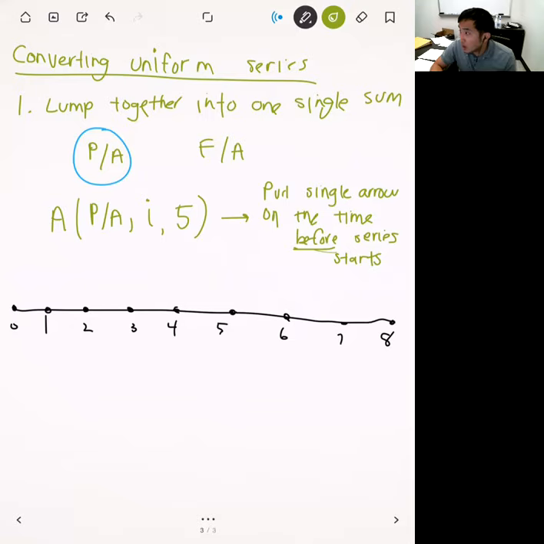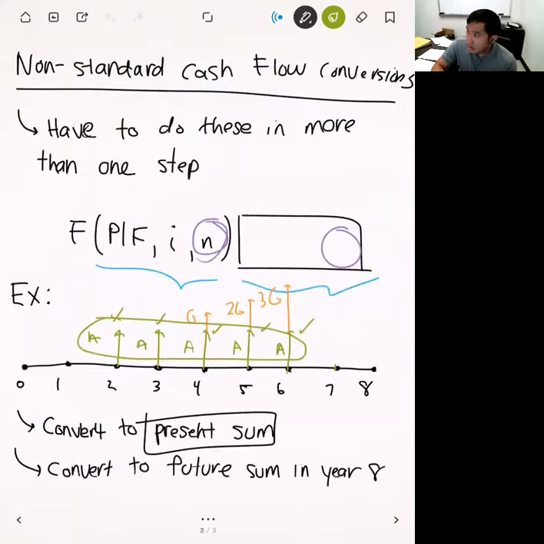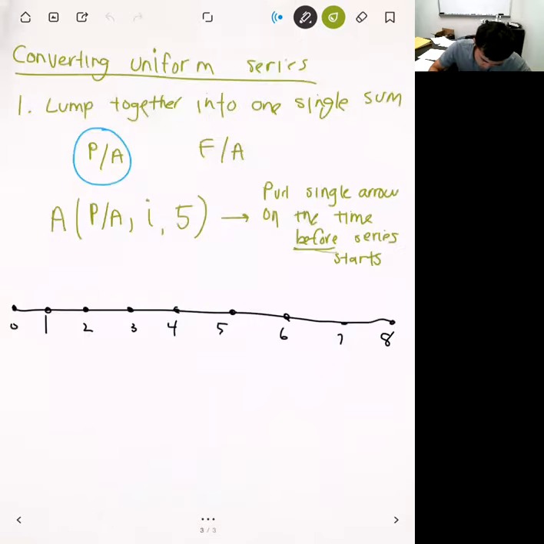Right, and so since our series started on year 2, if we look back at our diagram, to transform this back, we're going to put an arrow on year 1. So let's go to the next page. And then we're going to have a single up arrow on year 1, and it's going to be fairly large.